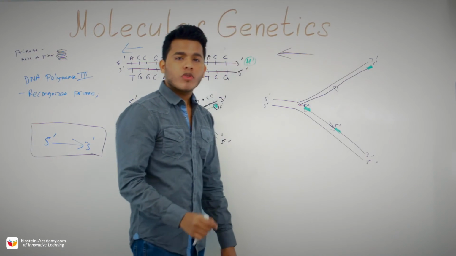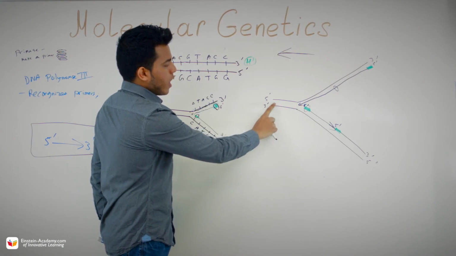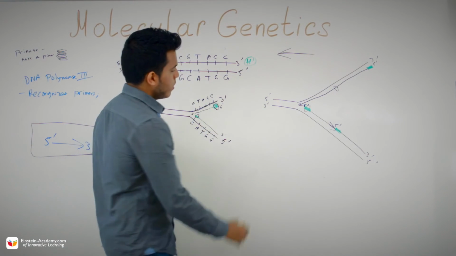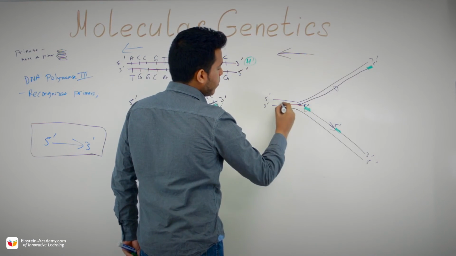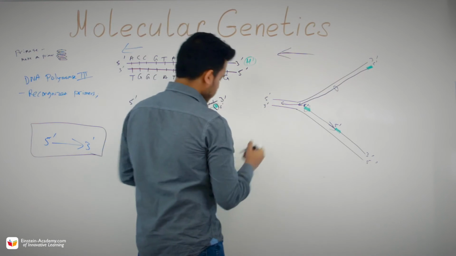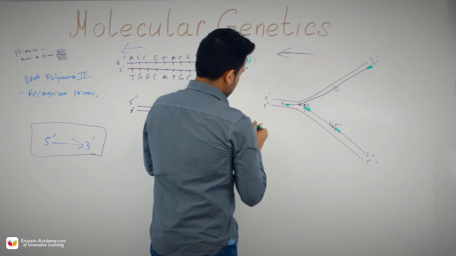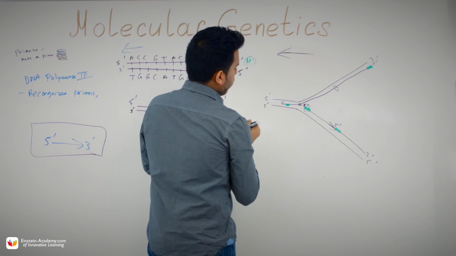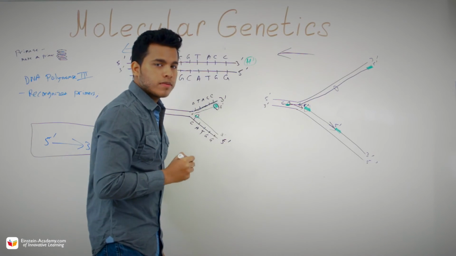And then, when Helicase breaks this apart, what do you think is going to happen? This guy is simply going to keep going this way, and we're going to have to add another primer over here. And another DNA pol 3 will come in and synthesize in this fashion.